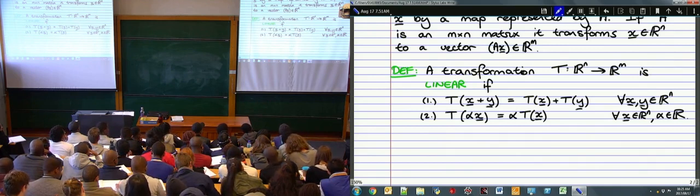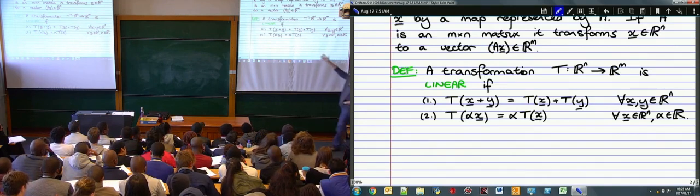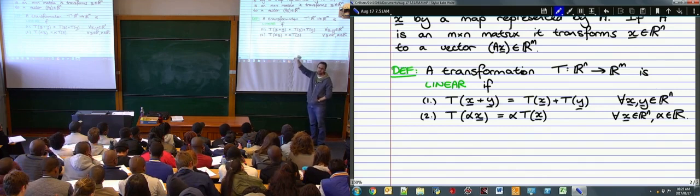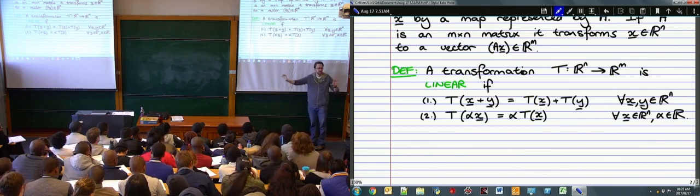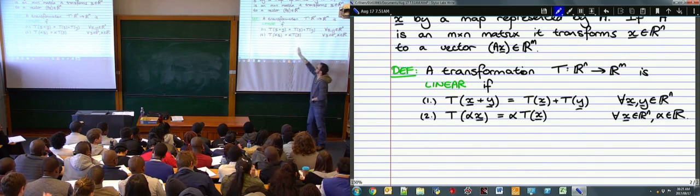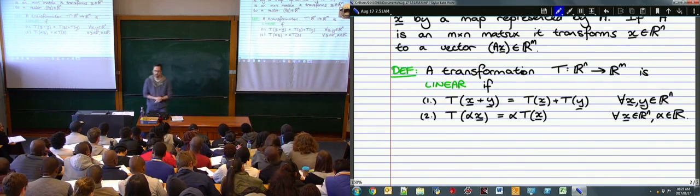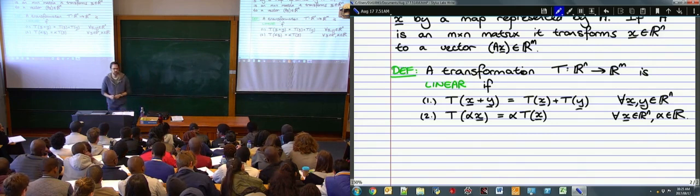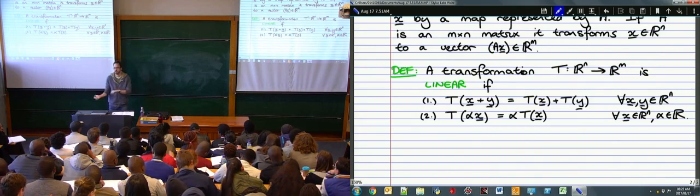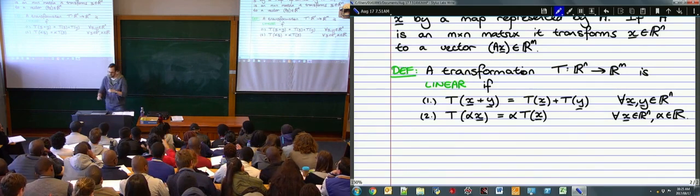And a linear transformation is just a transformation which preserves this structure, right? It doesn't matter whether we do the vector addition first and then transform, or whether we transform each vector separately and then add them together. And the same with scalar multiplication. So that's why it's nice to work with linear transformations on vector spaces. Because in some sense, it doesn't matter whether you do your calculations in your first vector space or your second vector space. You'll get the same answer, right?